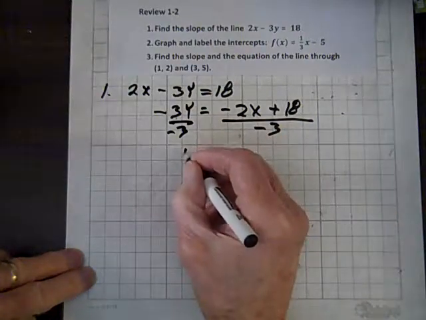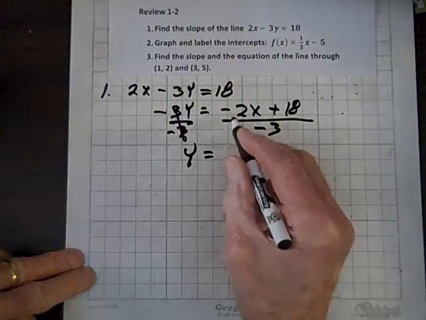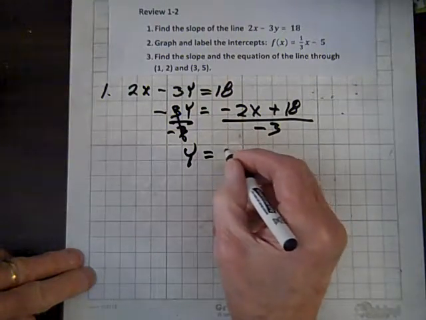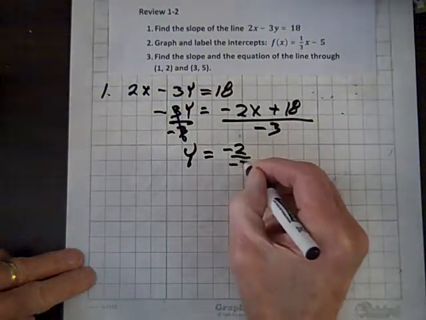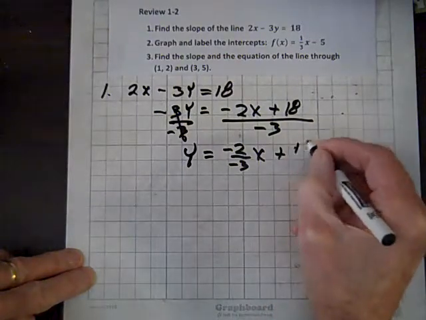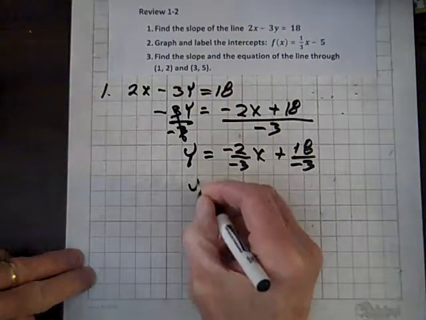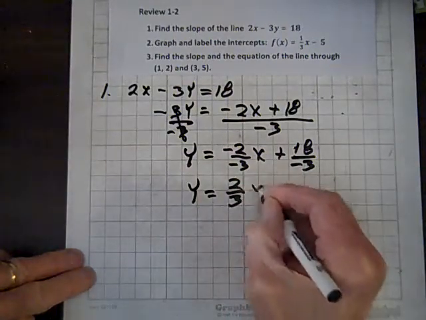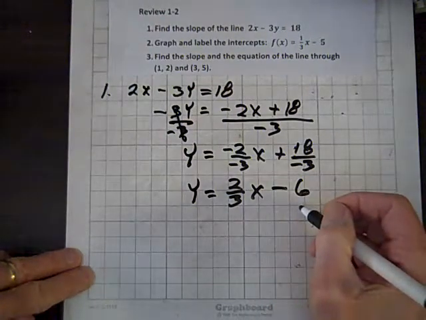We get y equals negative 2 over negative 3 x plus 18 over negative 3, so y equals 2/3 x minus 6.